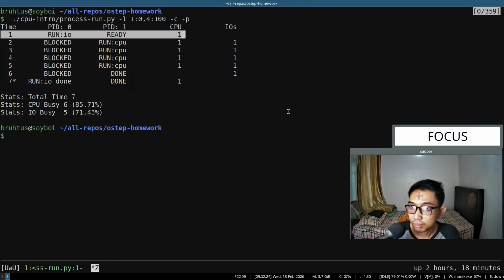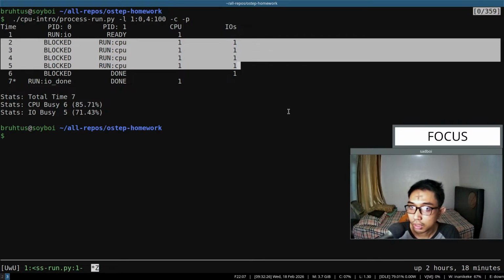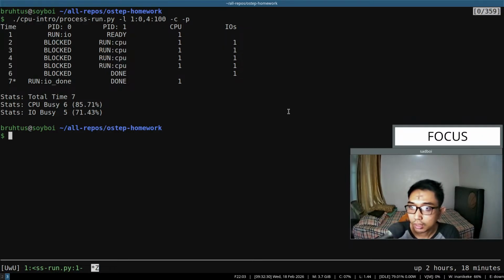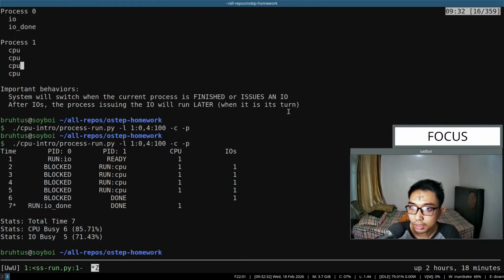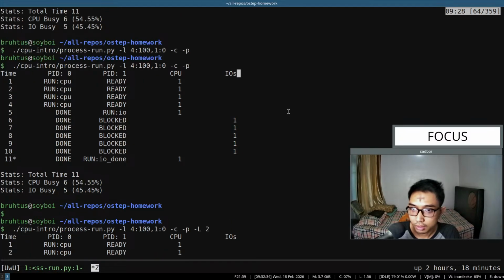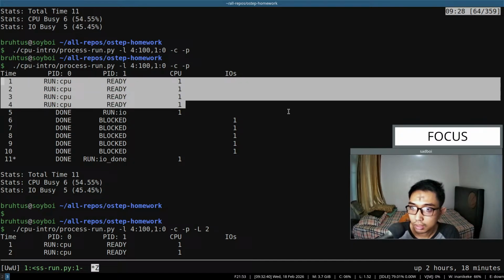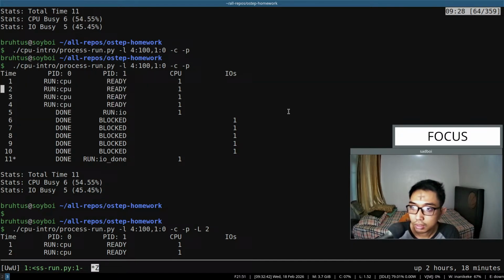Okay, right, input output block. Okay, well, the difference, right? The difference is that, how to explain this? First we run this, right?